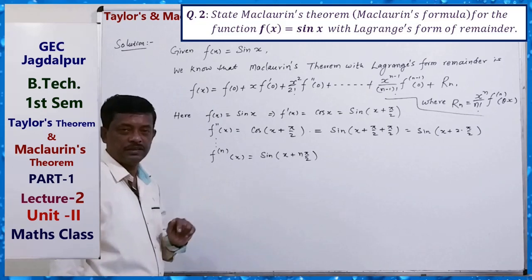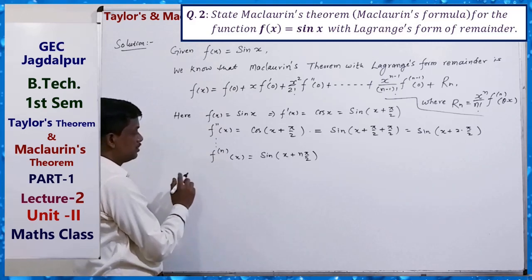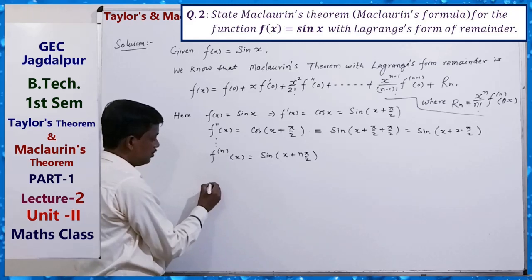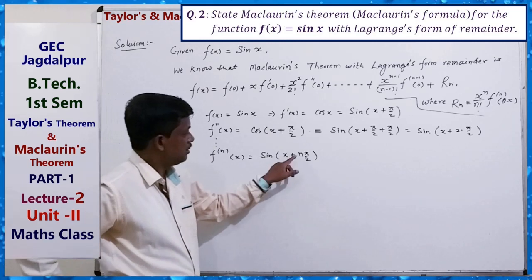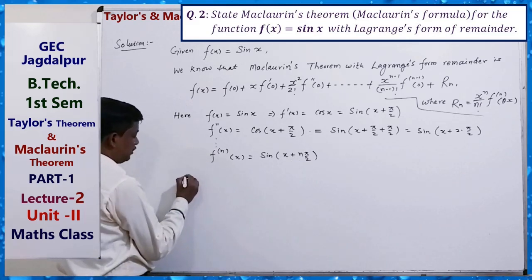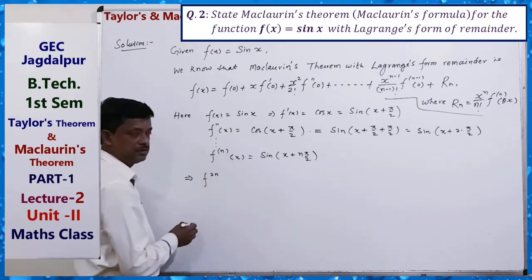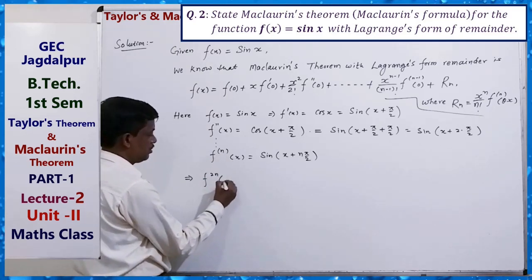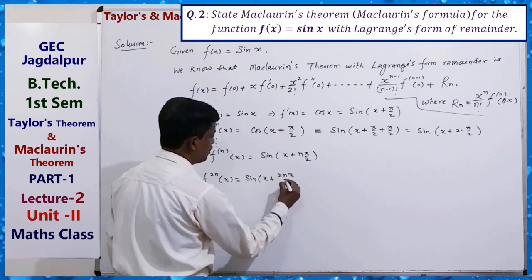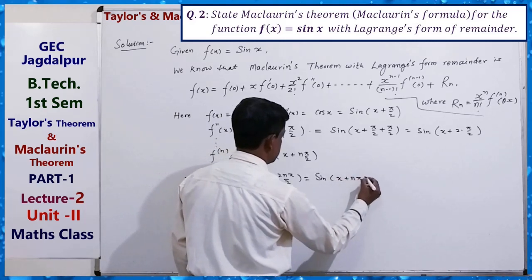So for the last term, suppose we take 2n in place of n: f^(2n)(x) equals sin of x plus 2n pi by 2, which equals sin of x plus n pi.